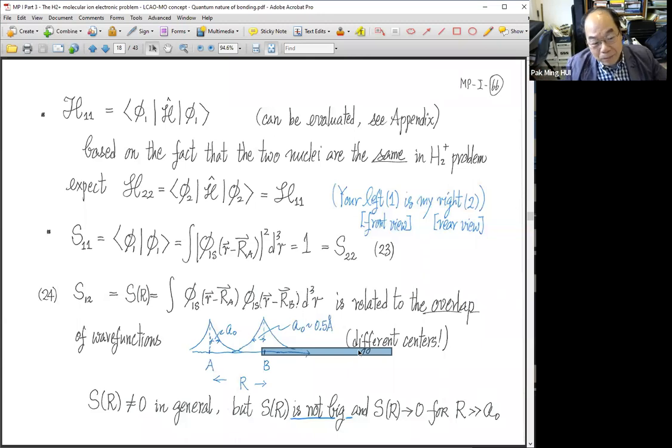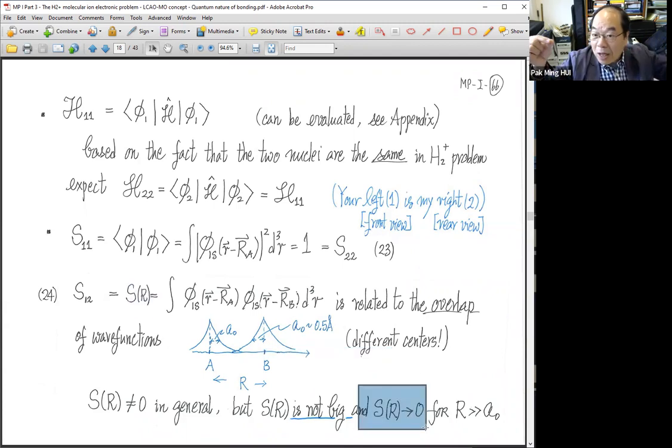Therefore, this integral approaches zero as the separation becomes very big compared to the Bohr radius.